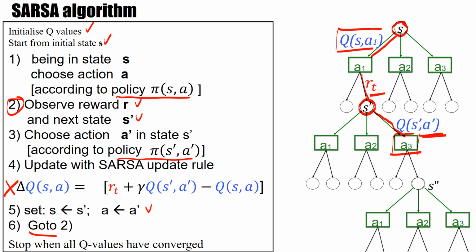You continue across the graph. You play more actions, more states, and each time when you are in the next state you can update the previous state. This is the SARSA algorithm. It's used in many applications. You have to play many episodes and then you stop when the Q values have converged.